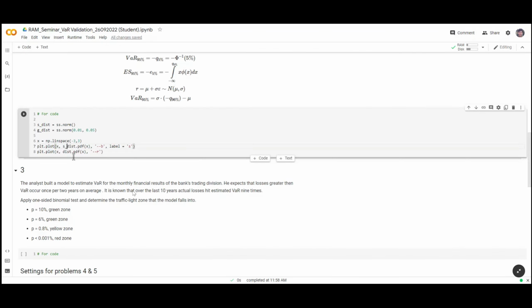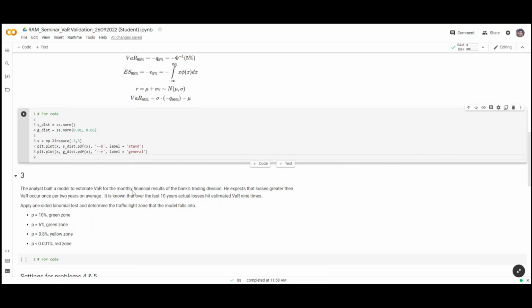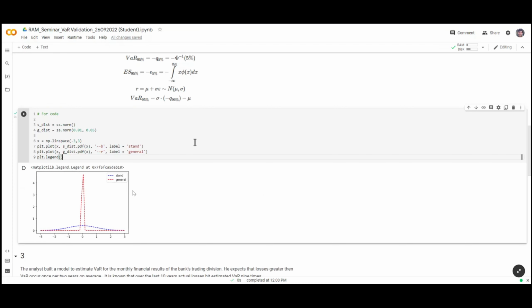Don't forget to put correct references to the standardized and generalized distribution. Here I put my label standard, and here I put the label general. And I also show the legend. It's going to be enough. All right.